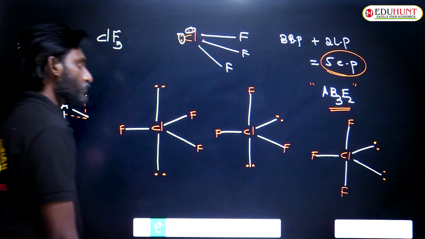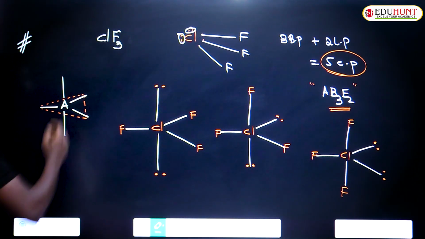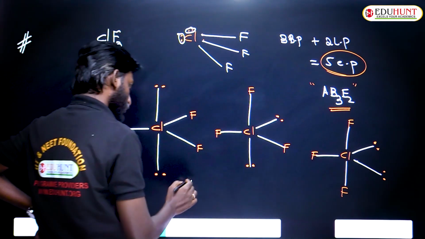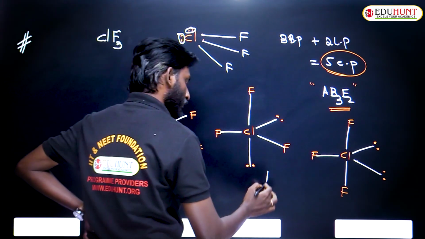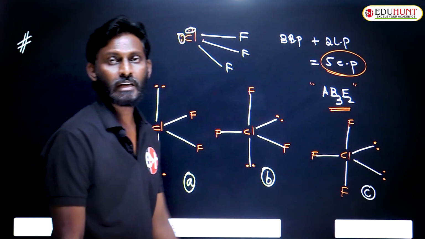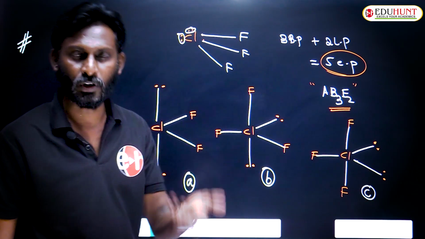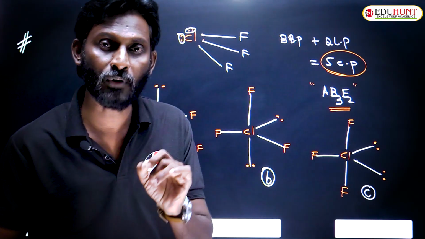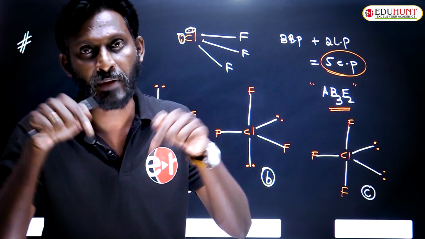Now the question arises, among these 3 structures, let us say this structure as A, this as B, this as C. These are the 3 possibilities we can draw on paper.